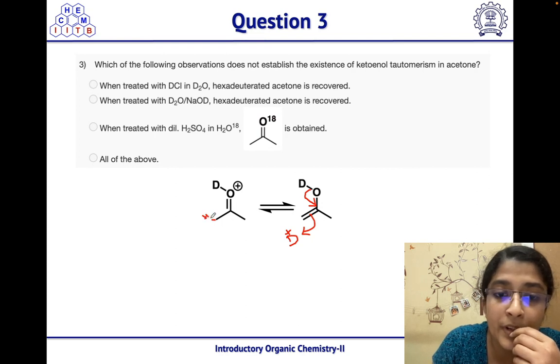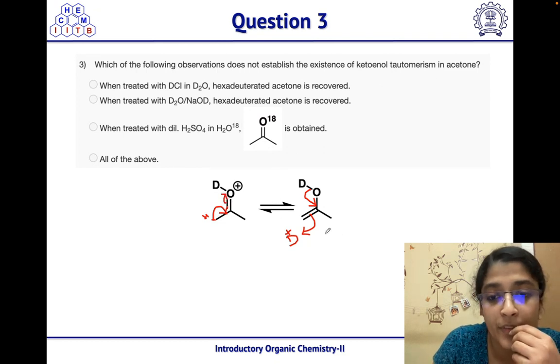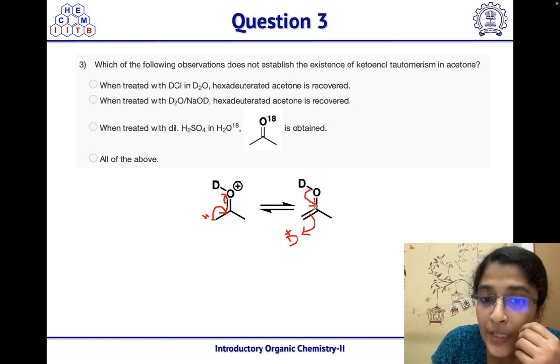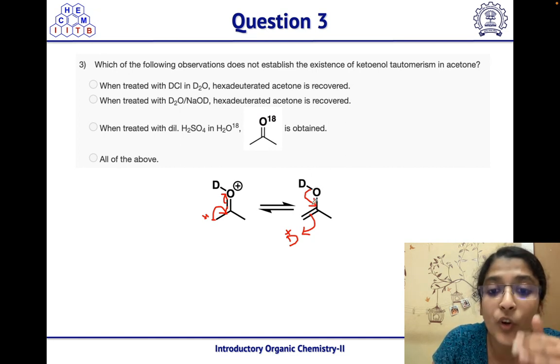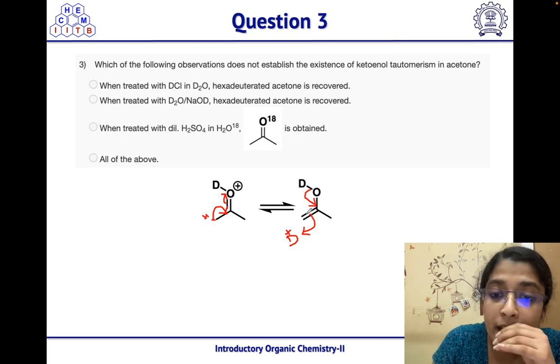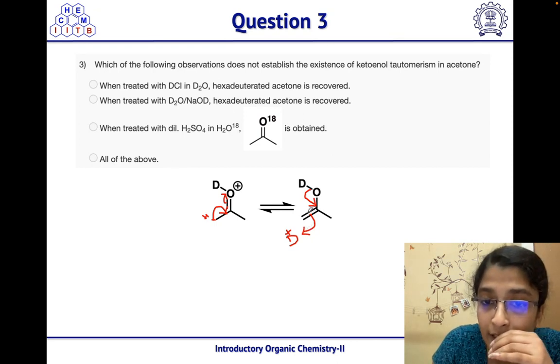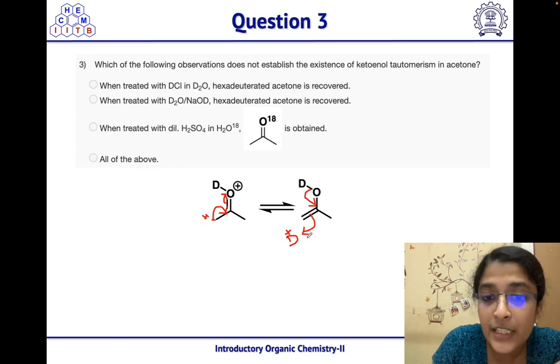Here this proton will be eliminated. This will exist in this form. When this enol form falls back to ketone, it can abstract a proton. Here, this double bond will convert into this CH3 by abstracting a proton.